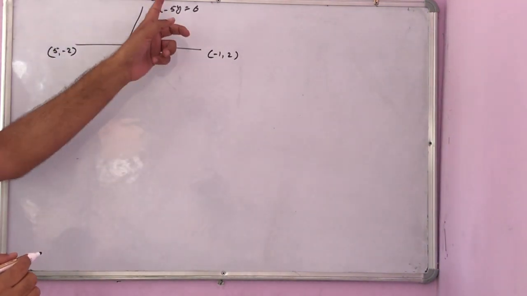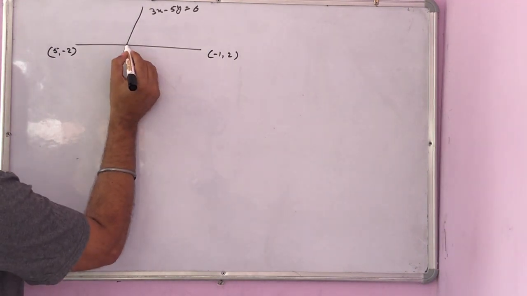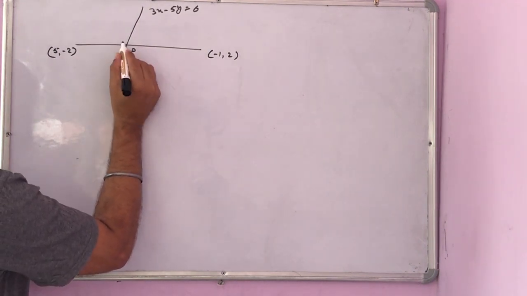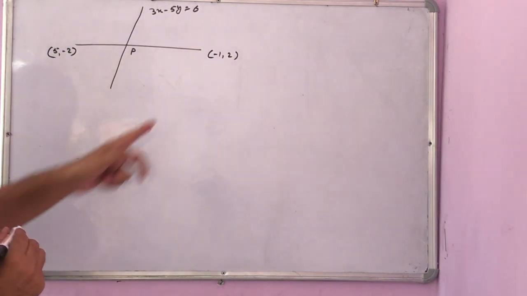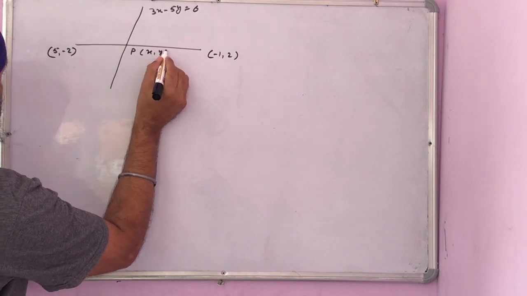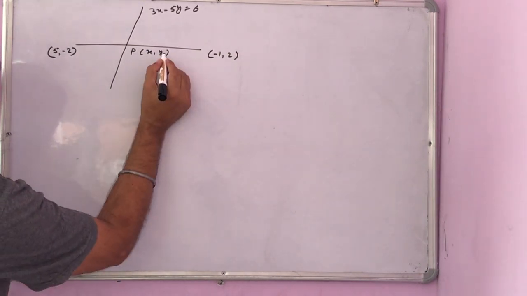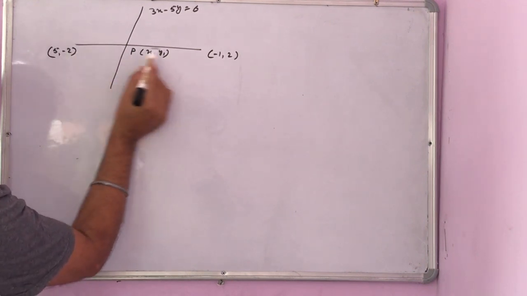I have to find whether this line bisects the join, or whether this P is the midpoint of the join of these two points.